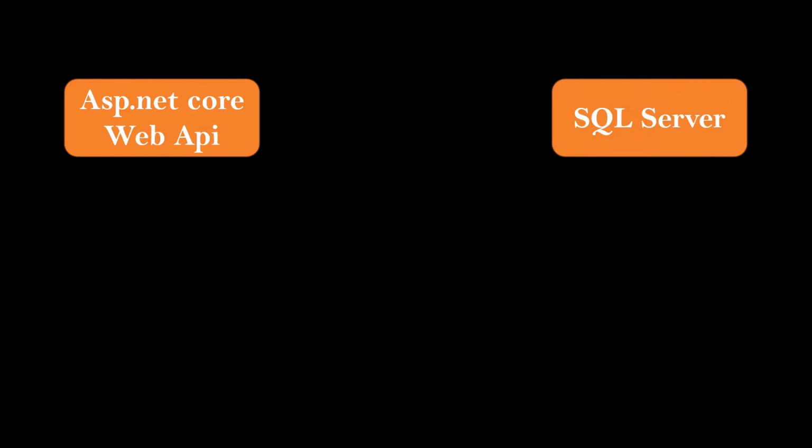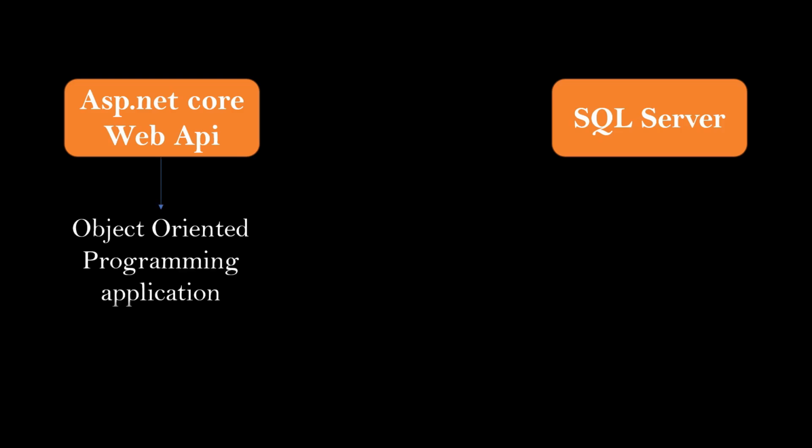In our application, we are having ASP.NET Core Web API, and we have decided to use SQL Server as database. But ASP.NET Core Web API is an object-oriented programming application, whereas SQL Server is a relational database which understands Structured Query Language.